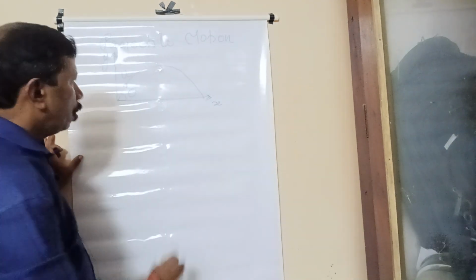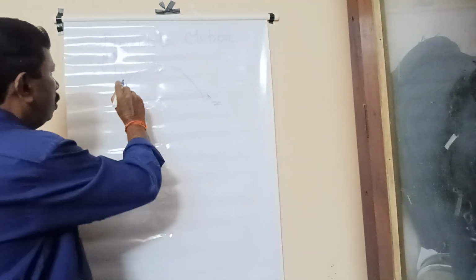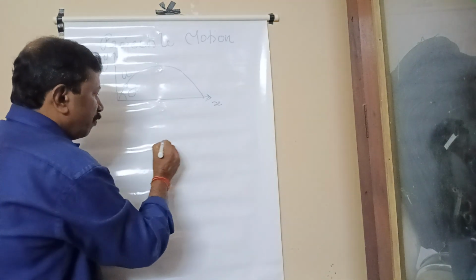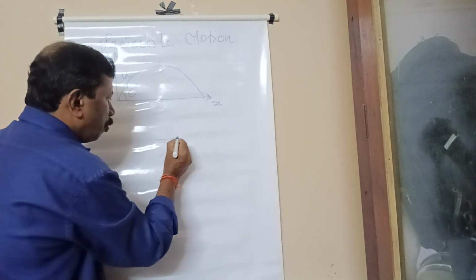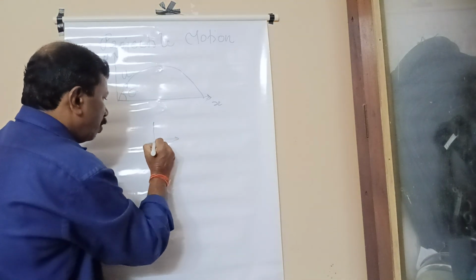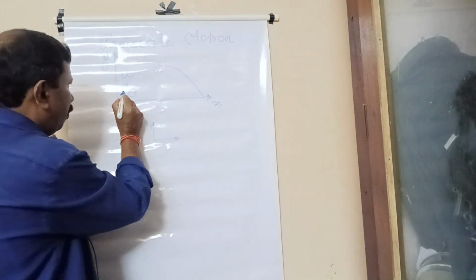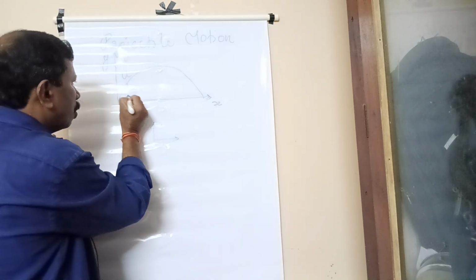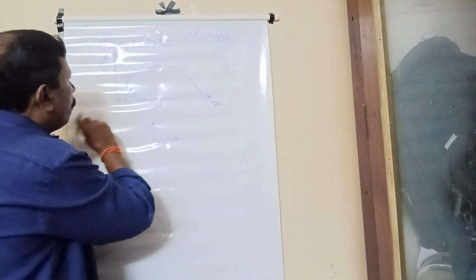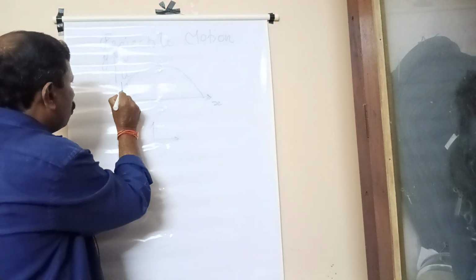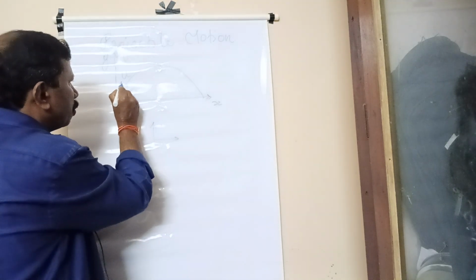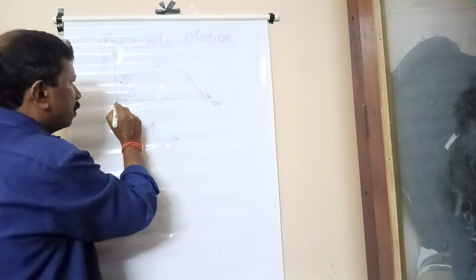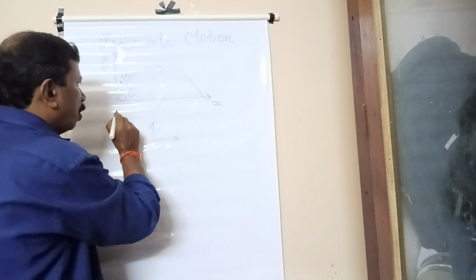This velocity has two components because it is a vector: a horizontal component and a vertical component at every point. Suppose u is the velocity of the particle.